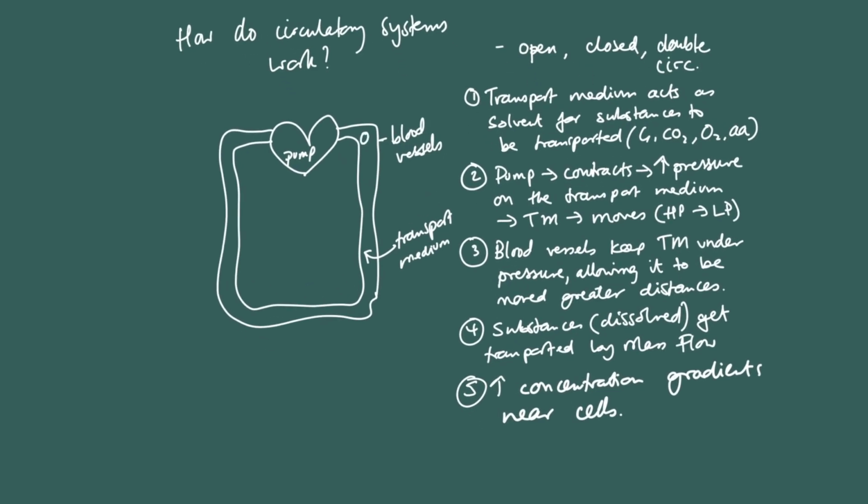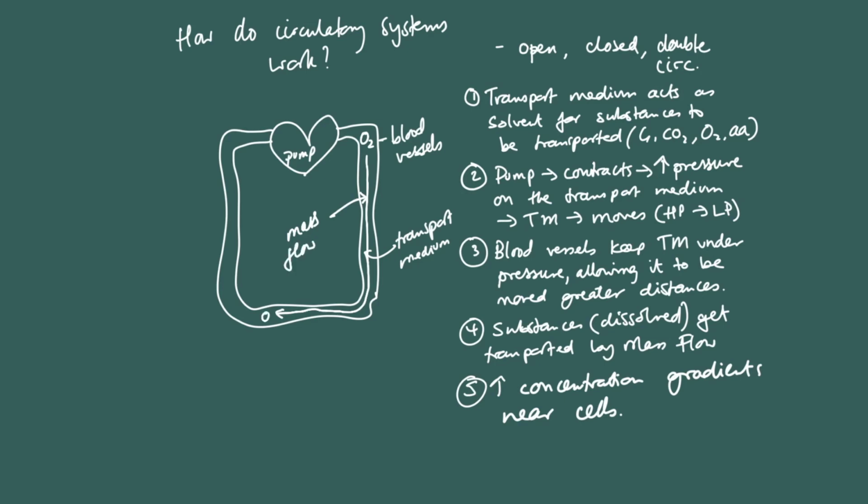Okay, so let's say we do have oxygen here, we're moving it around the body by mass flow. So we get the oxygen and we move it to this point by mass flow. Okay, so I'm just going to label that. That's moving at that point. It's moving because of the flow of the blood. So that's mass flow.